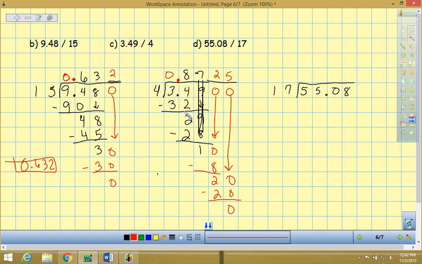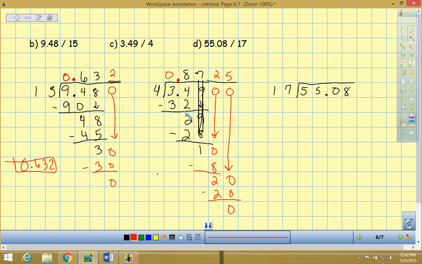Or as you get older, you'll start doing problems where maybe it'll start repeating and then you put the repeating bar across the top. But for the problems that we are doing, your final answer will not have a remainder. You might have to add a couple of zeros, but all you're doing is adding a 0 and dropping it down.